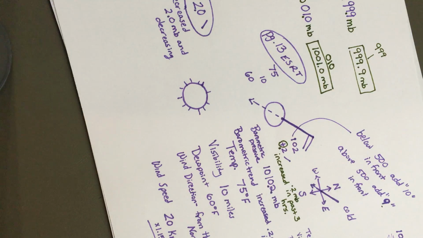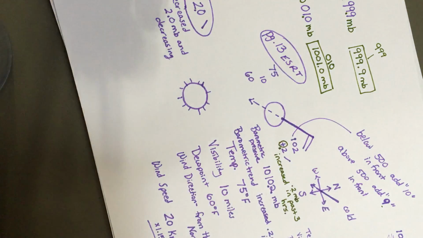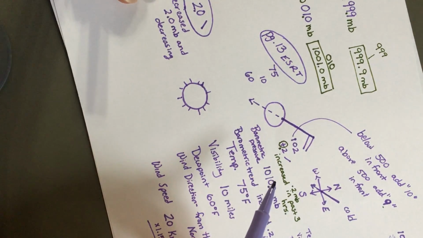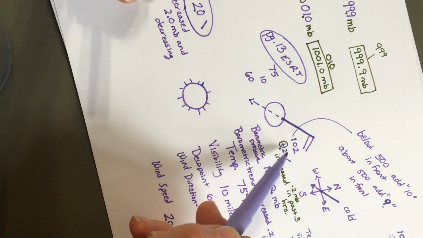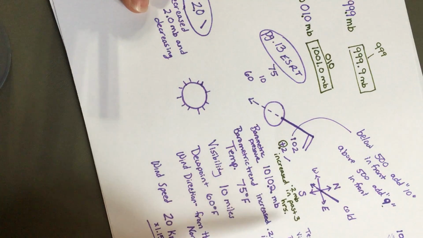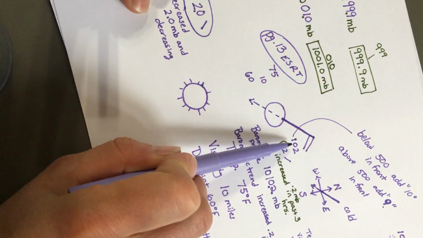The one more tricky little spot is they may ask you what the pressure was 3 hours ago. And this is a little bit tricky because if you think about what's happening with the pressure, why would I care what the pressure was 3 hours ago? Well, I could actually figure it out.